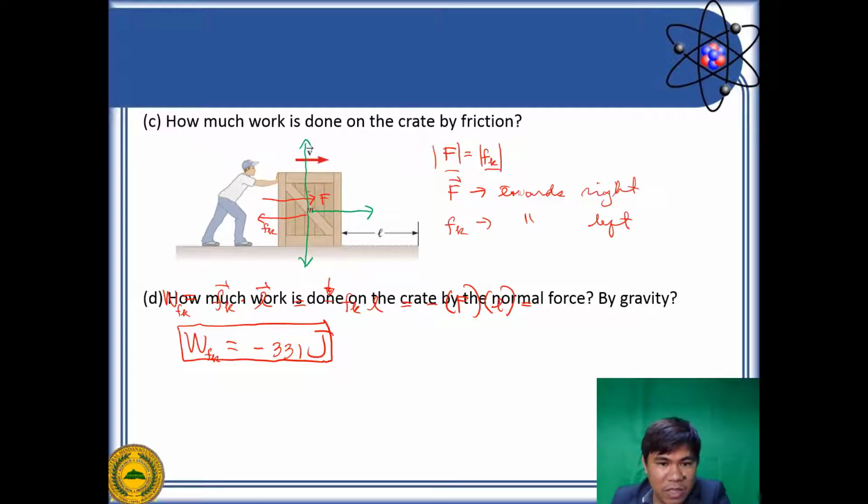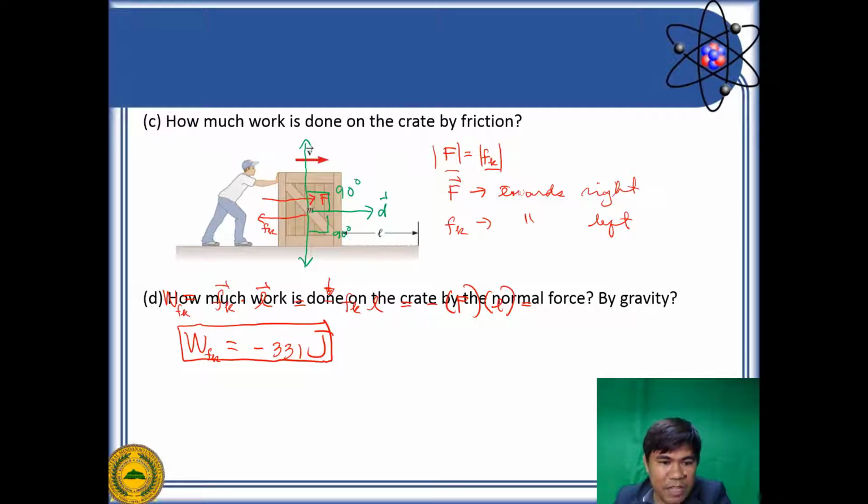So the angle between the displacement and the normal force is 90 degrees, as well as the angle between the weight and the displacement, which is also 90 degrees.